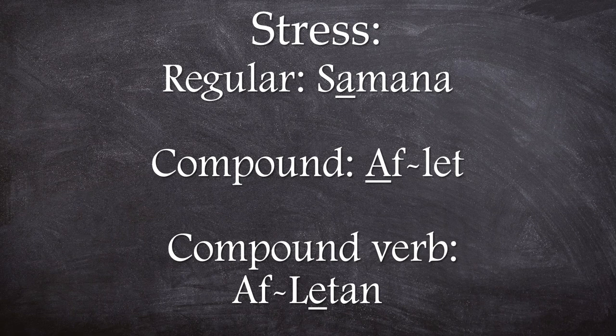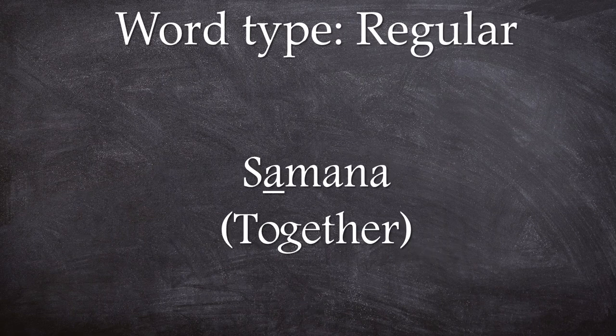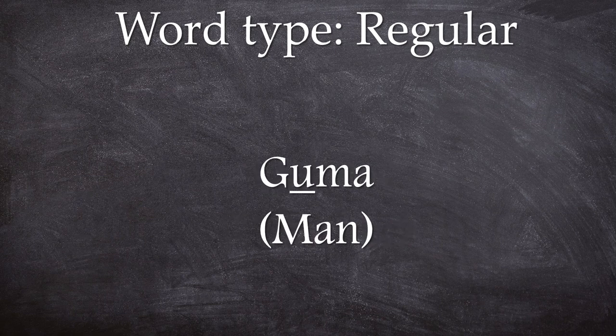Okay, so let's look at our first example in Gothic. So this word will be pronounced as samana. Fairly simple. And here we have a two-syllable word, guma.